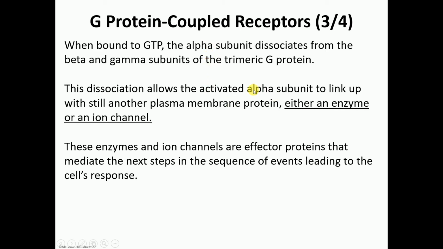Now that alpha subunit is going to activate another plasma membrane protein, and it could either be an enzyme or an ion channel. And so it's the activation of these enzymes or the opening of an ion channel that will lead to the sequence of events that happen inside of the cell.